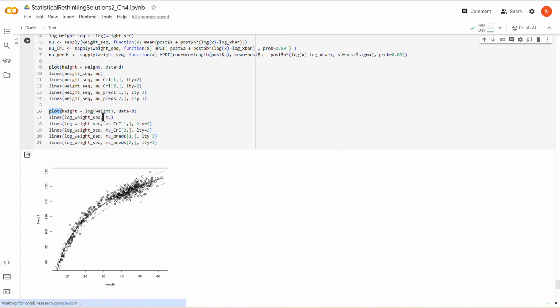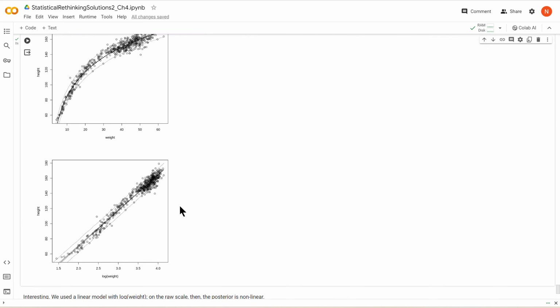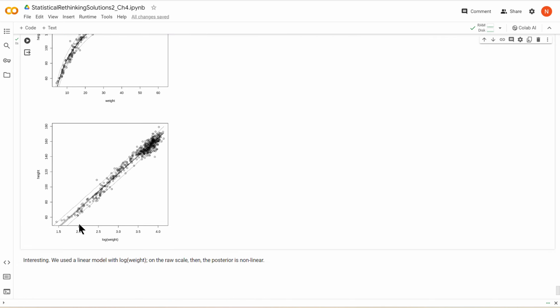Now let's see what these look like when we go to the log scale for weight. So now we're on the log scale for weight on the x-axis. The relationship that was curvilinear up here, just by changing the scale, is now linear. And again, we see a fairly decent fit.